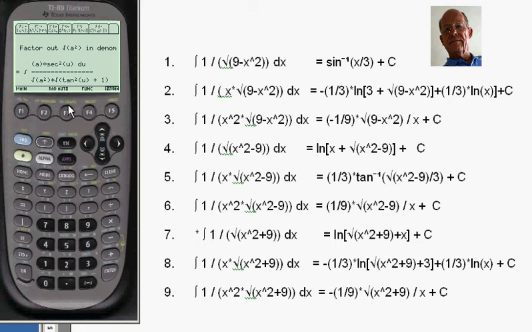Dx stays the same up here. The a's cancel. We have secant squared of u du on the top and square root of tan squared of u plus 1 in the bottom. There will be an identity. The identity is secant squared of u.